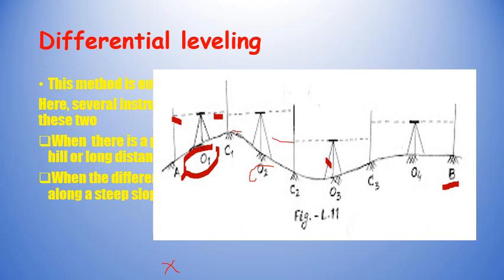We keep on taking backsights and foresights as we shift the staffs and the instrument until we reach the final point B. So we will have the readings at A as the starting point and B as the terminal point. By this we shall be able to connect and establish the difference between the elevation of point A and point B by differential leveling.